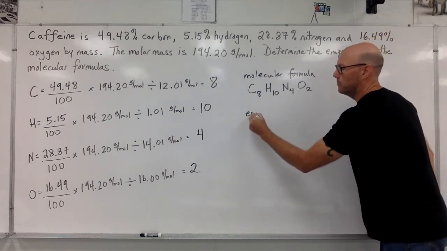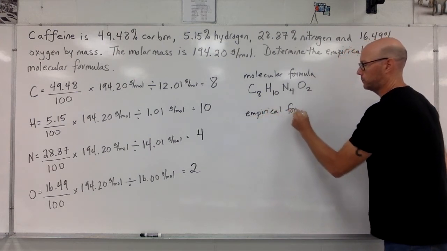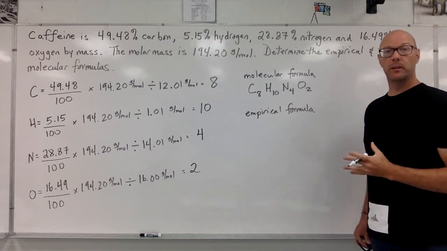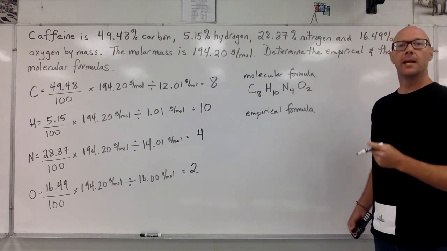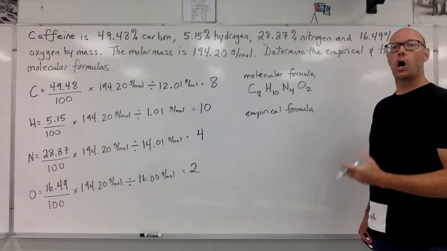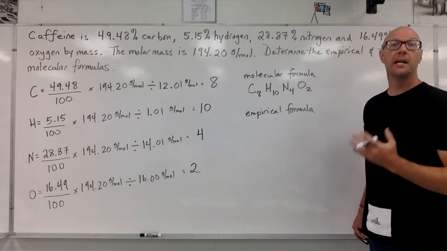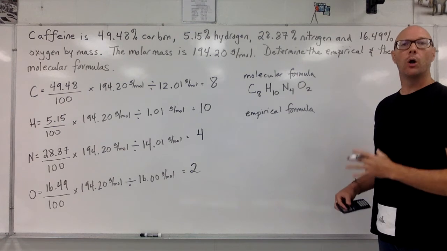To figure out the empirical formula, we're looking at the subscripts in the molecular formula, and we're trying to reduce them down. What's the greatest common factor of 8, 10, 4, and 2? It happens to be 2. So we can take these subscripts and divide them all by 2.